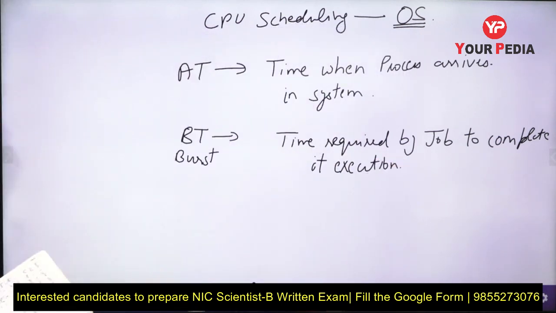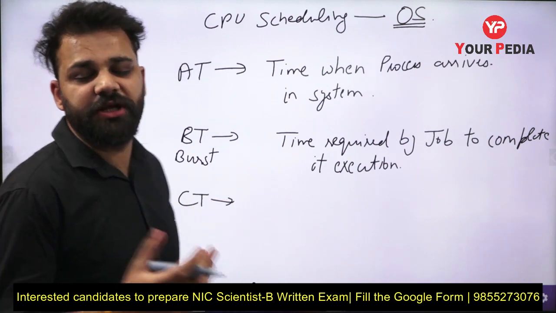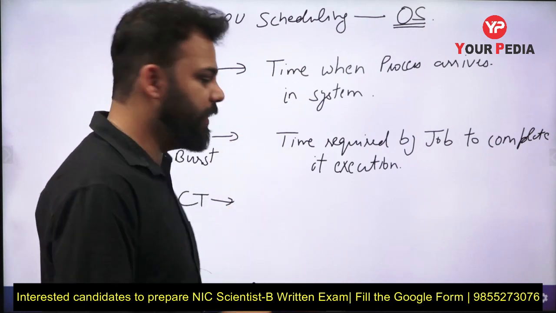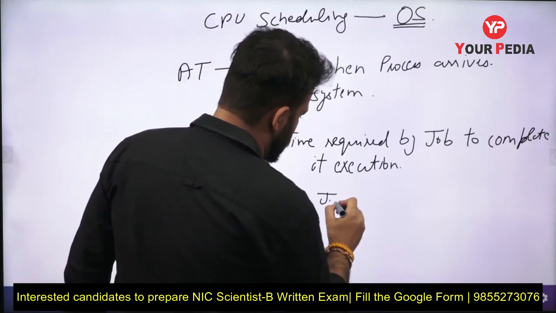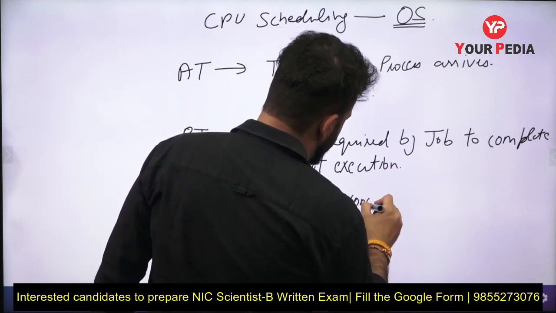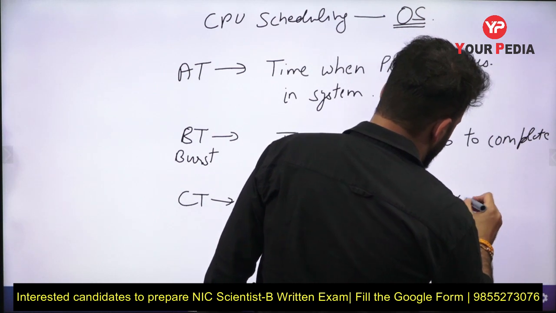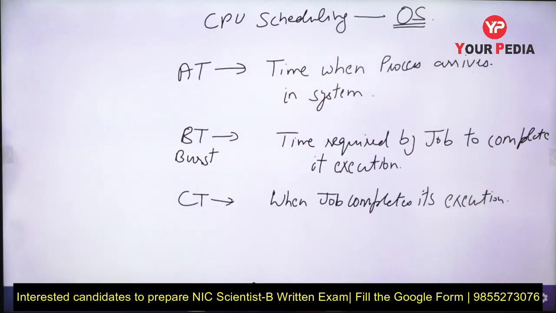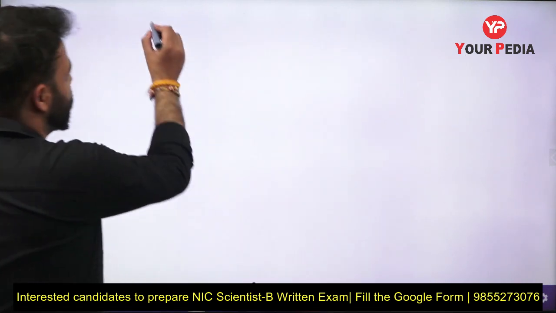Next is completion time. Completion time is the time at which the job will complete its execution and will leave the CPU. Now these are the three basic times. After that, the next is turnaround time.